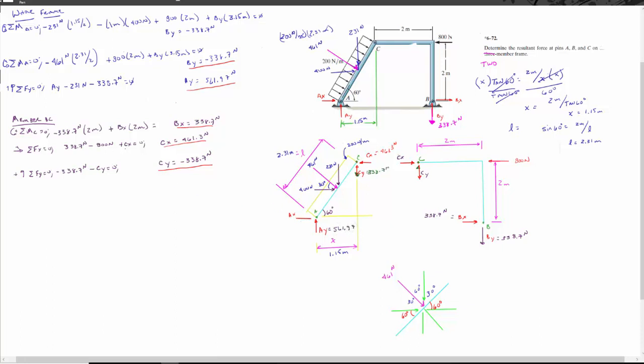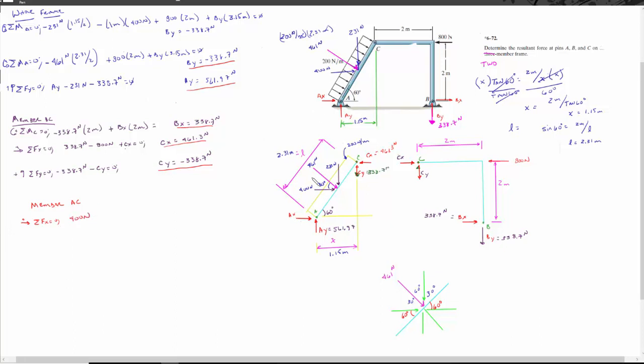So really what we need to solve for is AX. So AX in this is super simple. We can just sum our forces in the x direction. So if I sum my forces in the x direction, I'd get 400 newtons.